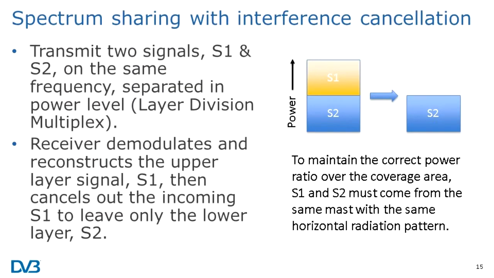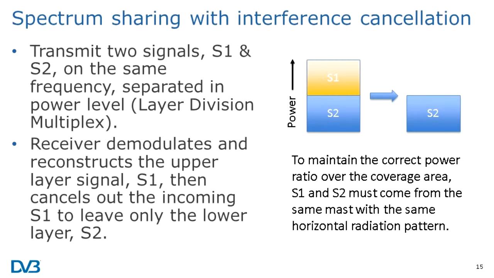And that just leaves you with S2. And provided the cancellation goes deep enough and it leaves S2 with sufficient carrier to noise ratio and carrier to interference ratio that you can demodulate that as well, it means that both streams can be demodulated successfully.